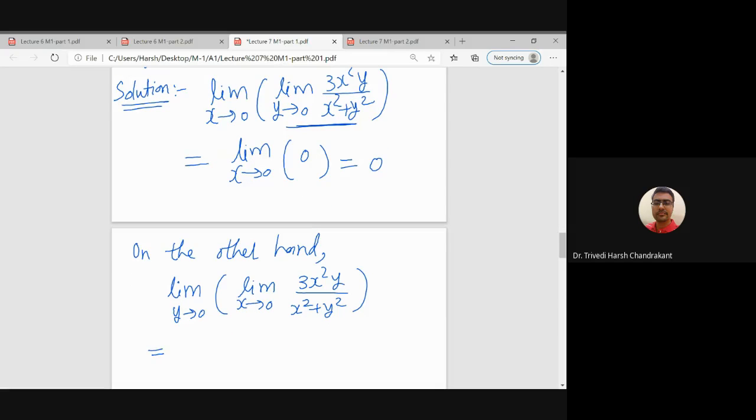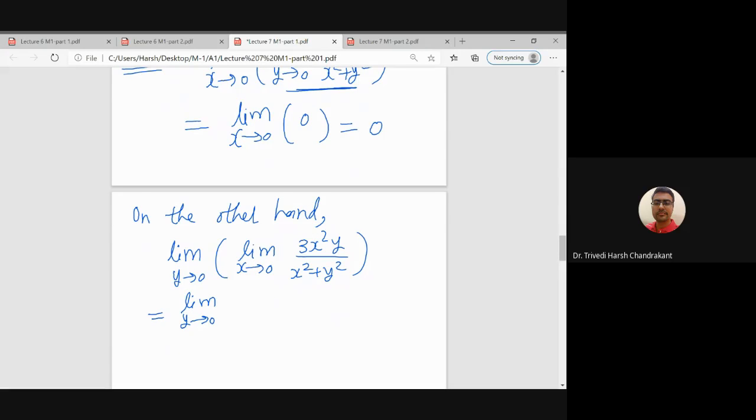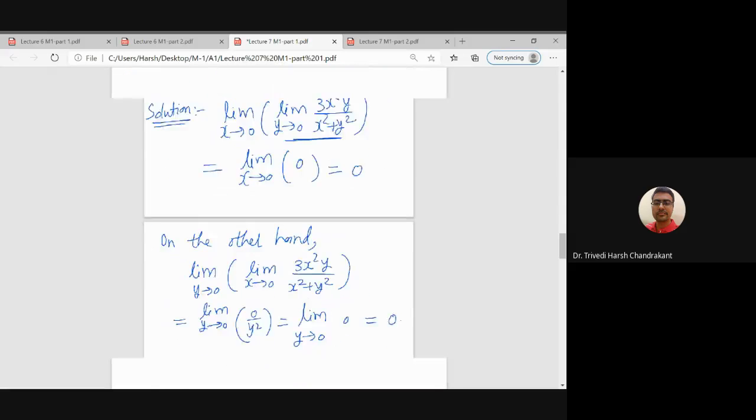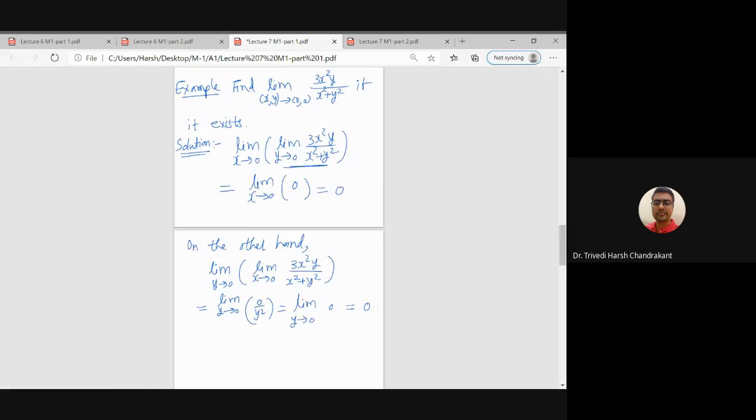So here also, when we substitute first x tends to 0, the value of the function will be 0 divided by y square, and that is 0, right? That is the limit as y approaches 0 of the 0 function, and it is nothing but 0. So both the iterated limits of this particular function equal 0.